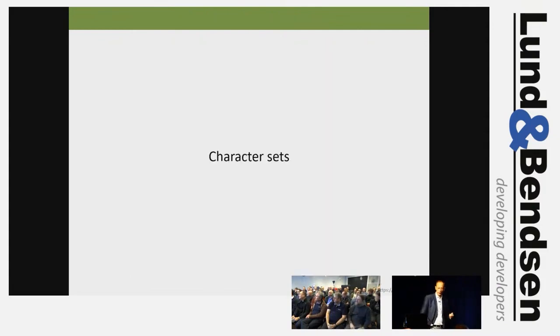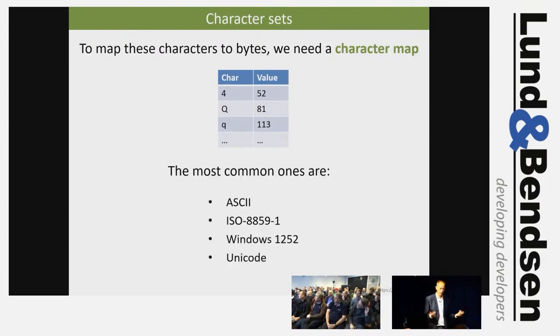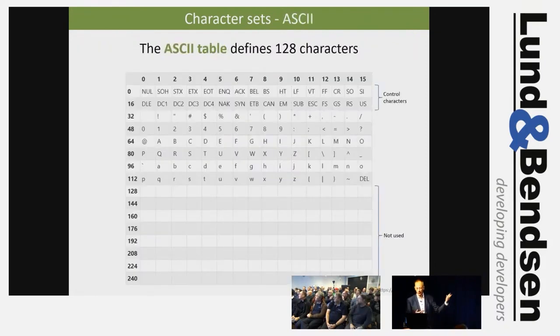So somehow we need a character set to map between those characters and give them some number. We have a character map that takes what we think is a character and gives it a number. And we all know about the ASCII table, ISO 8859 and Windows 1252. The ASCII table, the famous American one, has characters from 0 to 127.